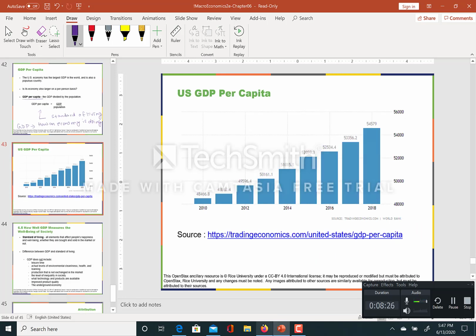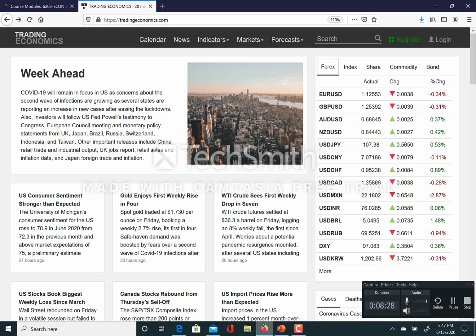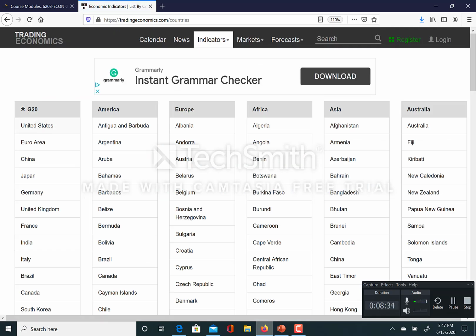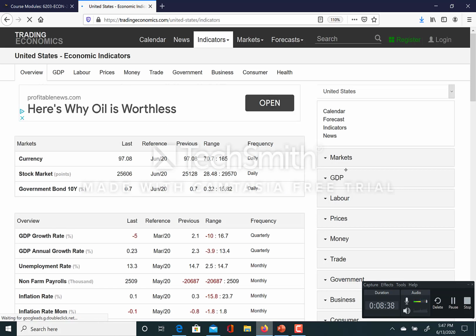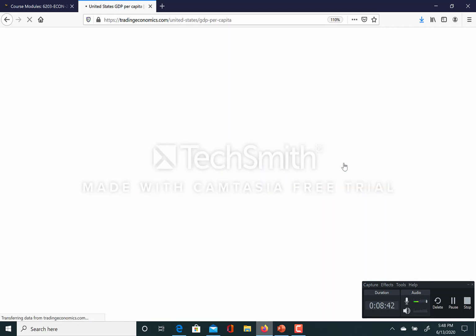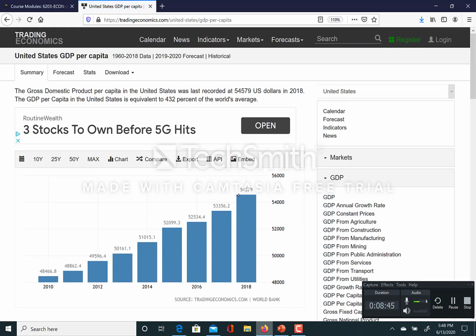Going to the next slide, I can again use this website. I can go to indicator countries, look at the G20 countries. US is one of the G20 countries. I look at GDP, I look at GDP per capita here, and this is what I find.